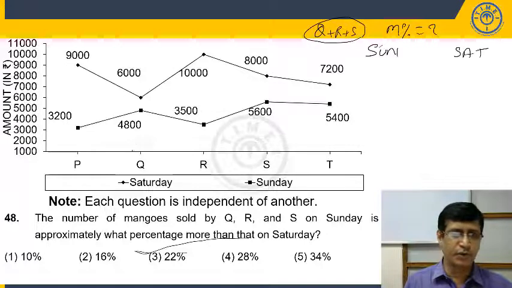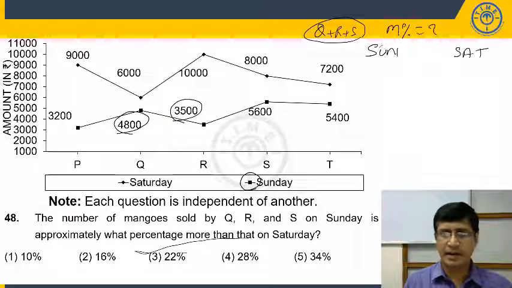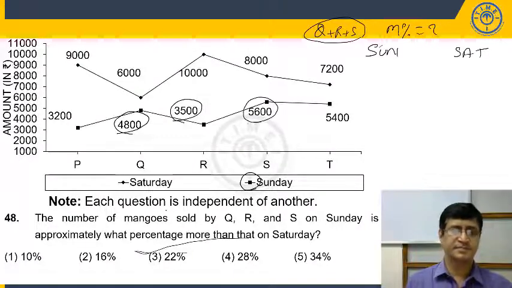What about the value of Q on Sunday? Q on Sunday, how much is the value? So Sunday is a symbol. So Q, R and S. How much is the sum of all these values?